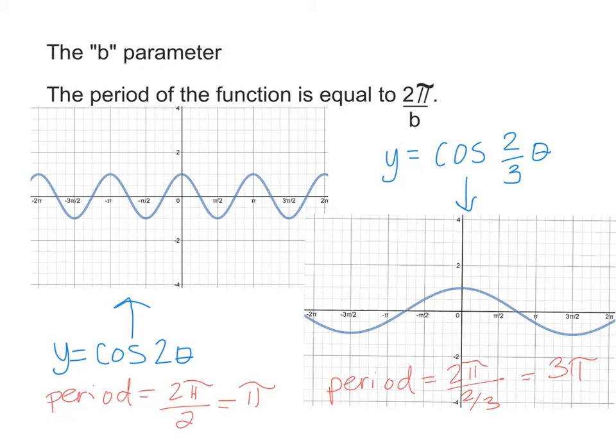You could think of it like this: 2 pi divided by 2/3 is the same as 2 pi multiplied by 3/2. So then I would cancel the 2's, and then it's just 3 pi.